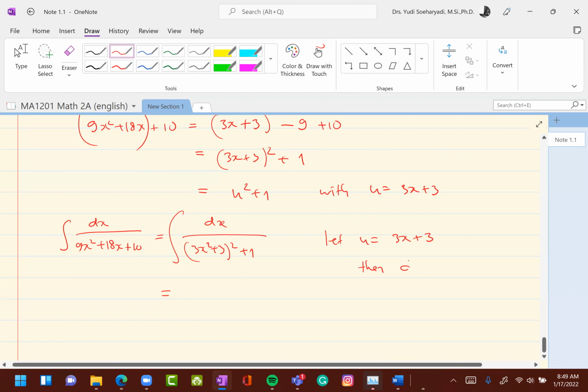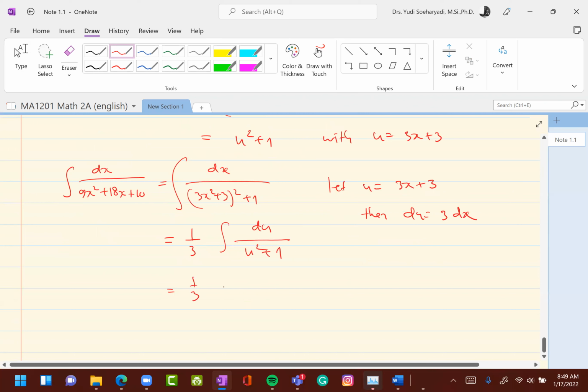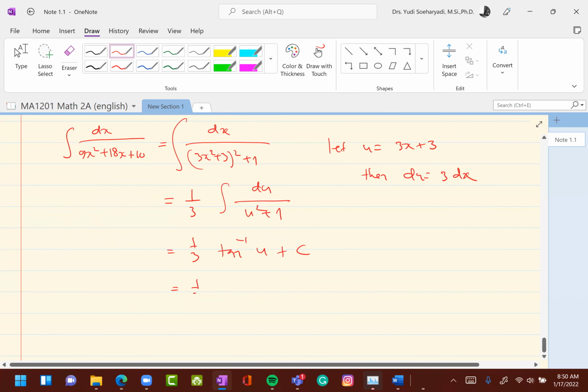Then our du would be 3 dx, so dx is 1/3 du. So this would be 1/3 times du over u squared plus 1, which is 1/3 inverse tangent of u plus c. So in the end you have 1/3 arctan of 3x plus 3, plus c.